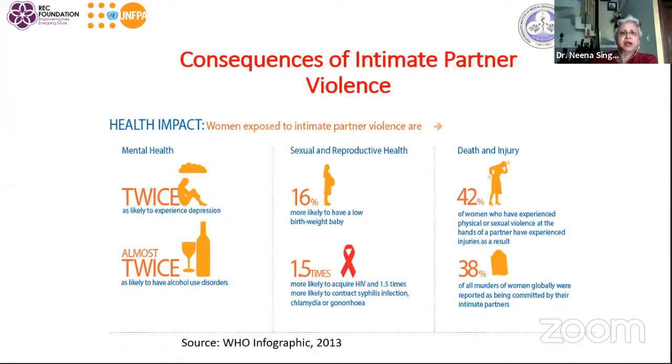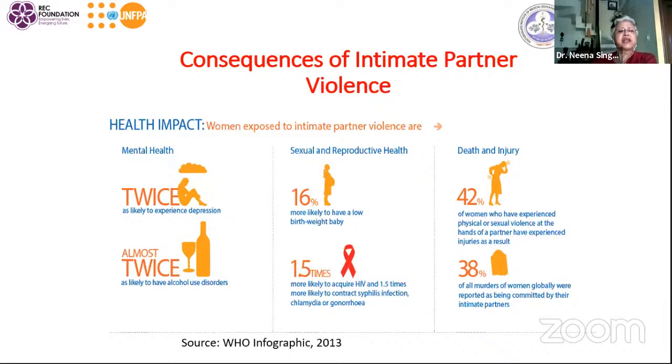What are the consequences of intimate partner violence? Most of the times during the pandemic, they are cases of intimate partner violence. And this has led to so many health impacts. Women exposed to intimate partner violence are more likely to suffer from problems.